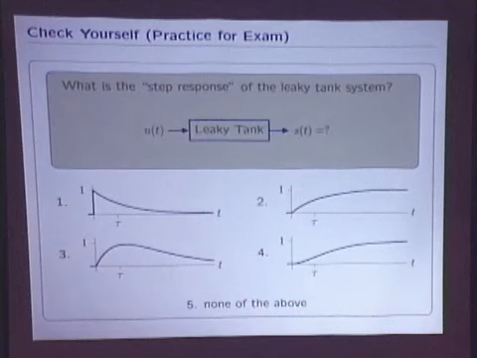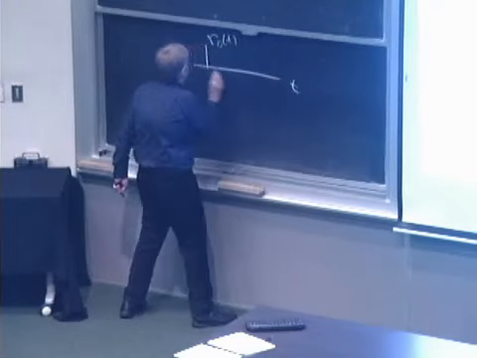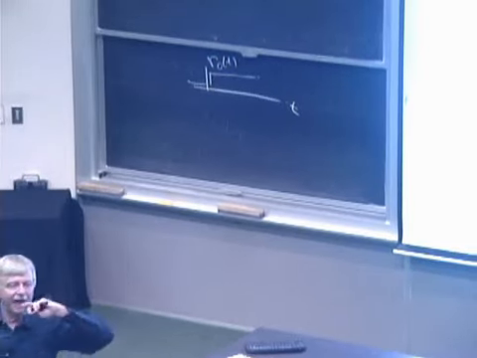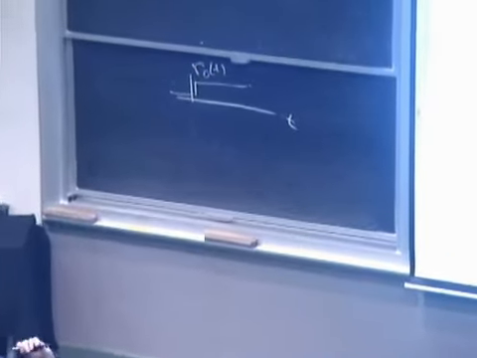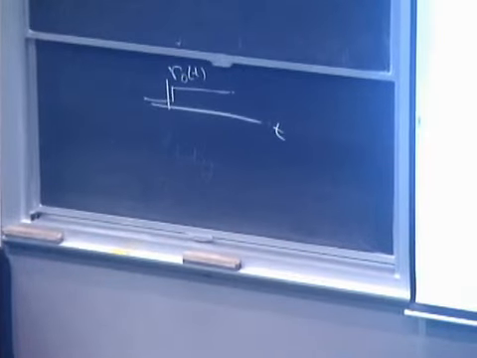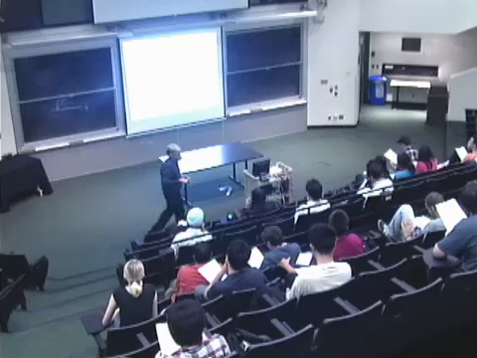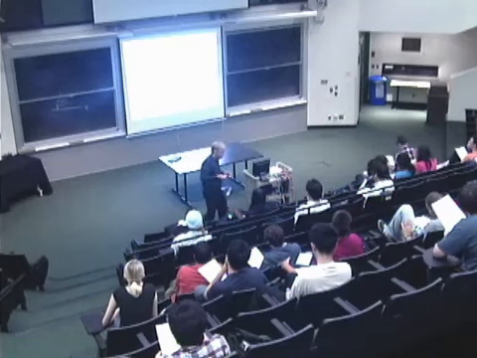So my input, if I think about some input x naught of t, the input is something that looks like that, right? So if I look at, like you suggested, if I look at what's going to happen for t goes to infinity, what's going to happen? Eventually, the rate at which water is going out is going to be the same as the rate that it's going in.